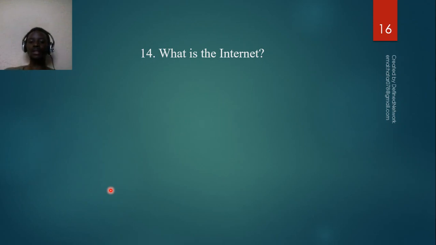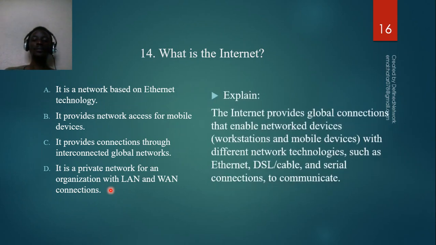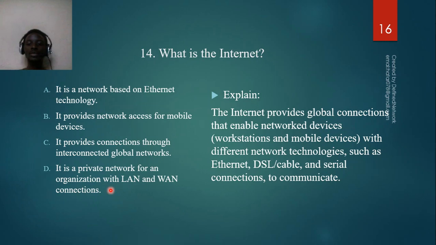What is the internet? I hope I have explained this right above. It is a network based on internet technology that provides network access for mobile devices, a connection through an interconnected global network. It can provide global connection that enables networked devices, workstations, or mobile devices with different network technologies such as Ethernet, DSL, cable, and serial connection to communicate.